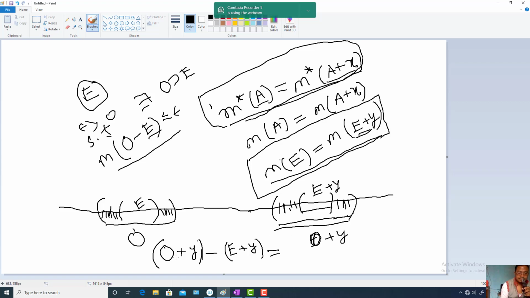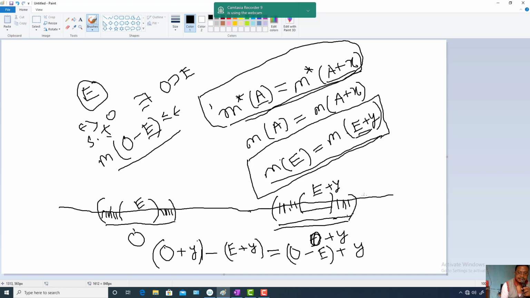That means O plus y difference E plus y is exactly equal to O difference E, plus y. So O plus y difference E plus y is equal to how much? O difference E plus y.